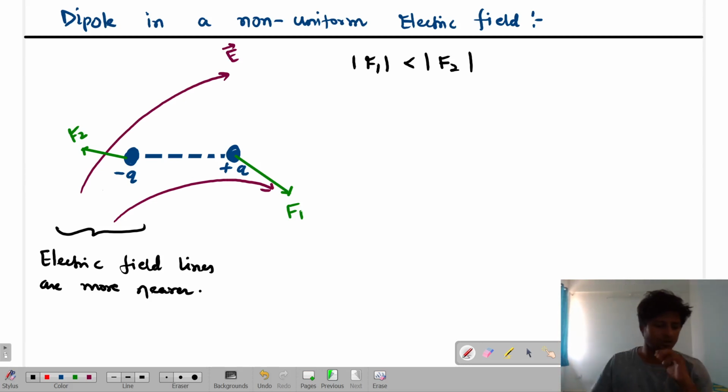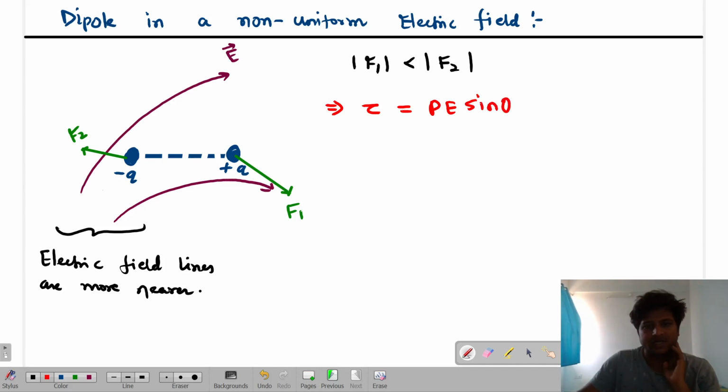Now see, although whatever is there, nothing actually changes because these forces ultimately I need to consider with respect to r perpendicular, isn't it? So torque is still the same, which is P sine theta. Is that clear or not?